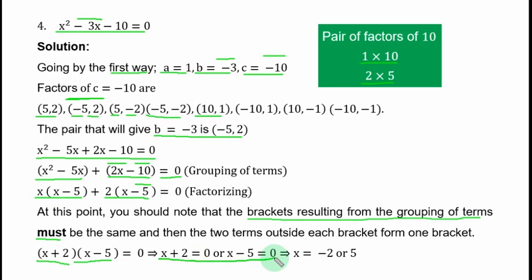When you transfer the constant term, you have s equal to minus 2 or 5. If you transfer plus 2 to the right hand side, it becomes negative. If you transfer minus 5 to the right hand side, it becomes positive. That is why s is equal to minus 2 or 5.